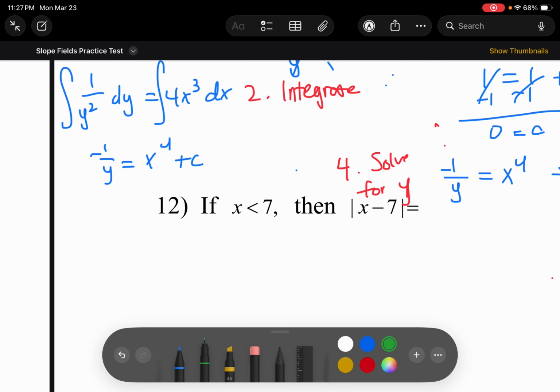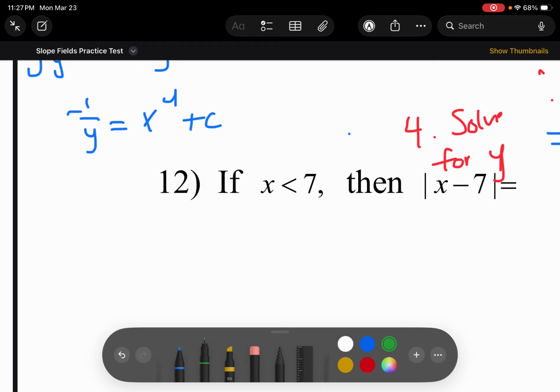If x is less than 7, then the absolute value of x minus 7 is equal to, since x is less than 7, x minus 7 is less than 0. Why?